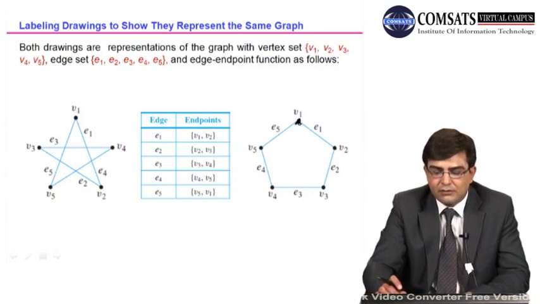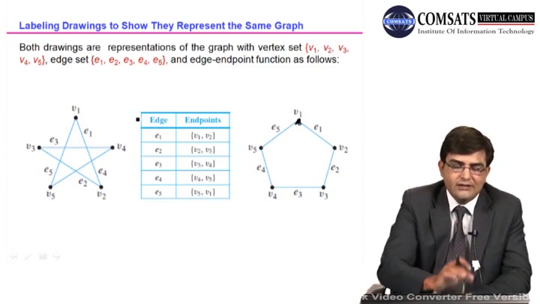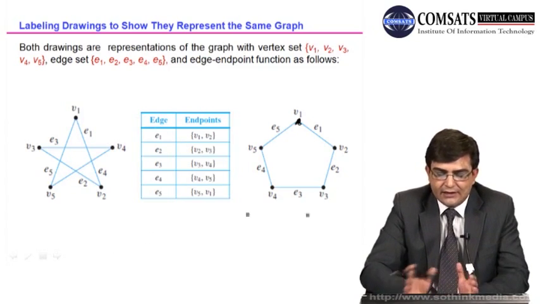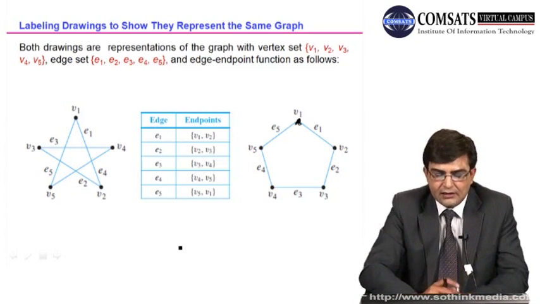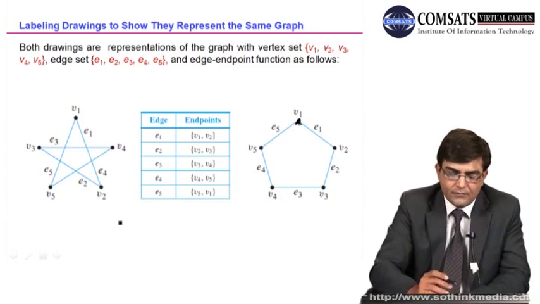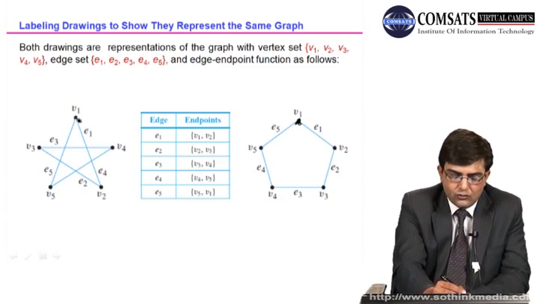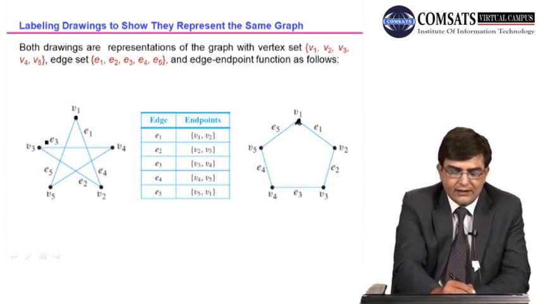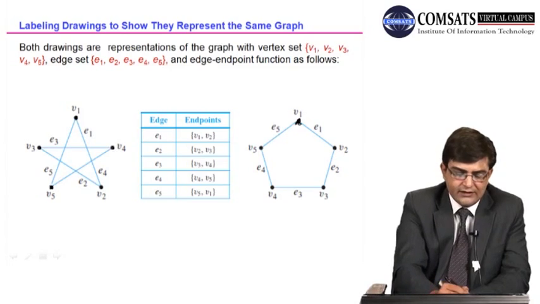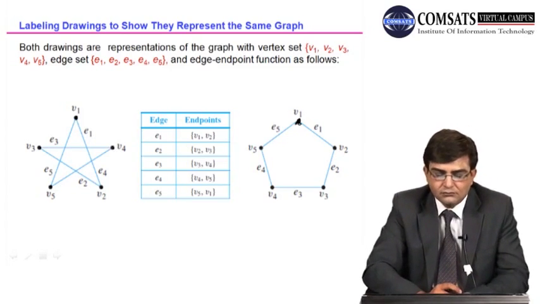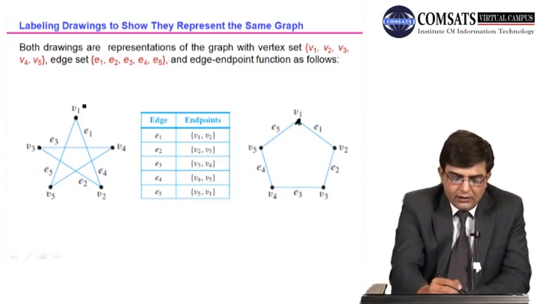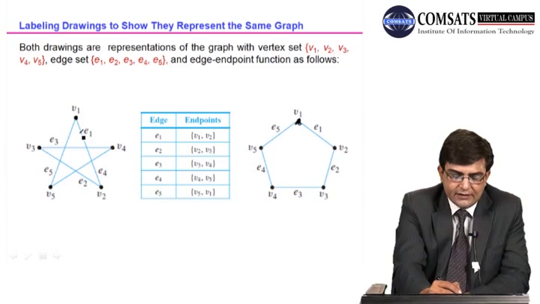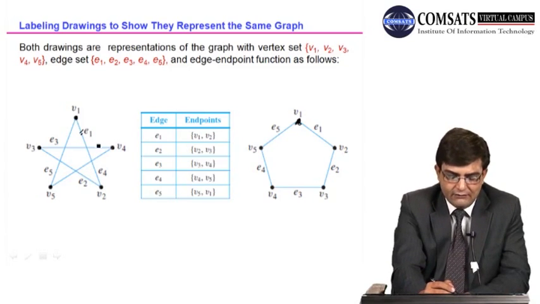Now by looking at this graph, we label this graph in such a way that the information on both graphs becomes the same. Now here we draw v1, we say this is v2, this is v3, this is v4, and this is v5. So when v1 connects to v2, we say this is an edge e1.